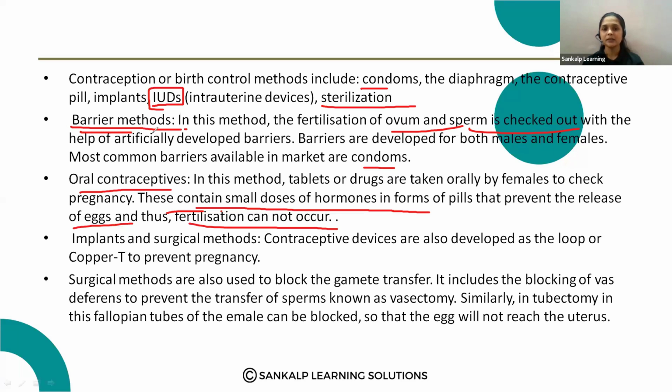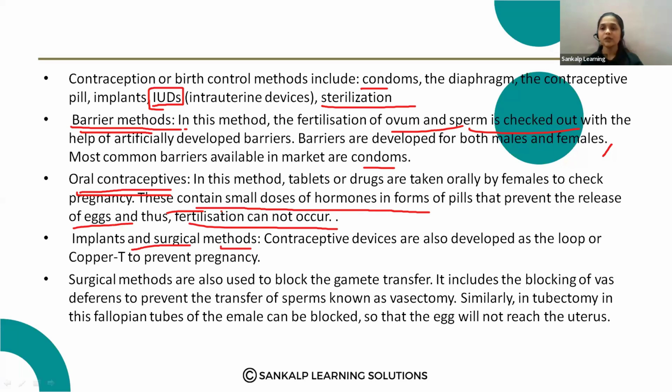First is the barrier, that is the condom, and oral contraceptive, that is the oral pills, and some implants or surgical methods. Implants means copper T. I hope you know about copper T. It is implanted inside the uterus and is used to prevent pregnancy.